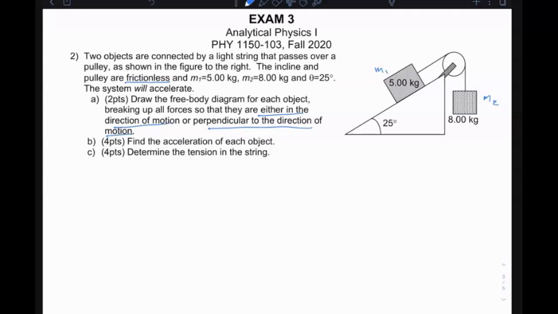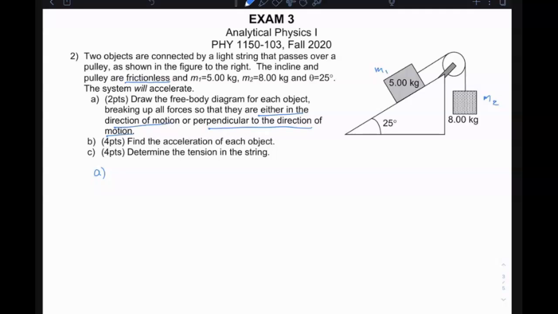I'm a little surprised how much trouble this question gives you, because we've done it many times. But let's do it again.